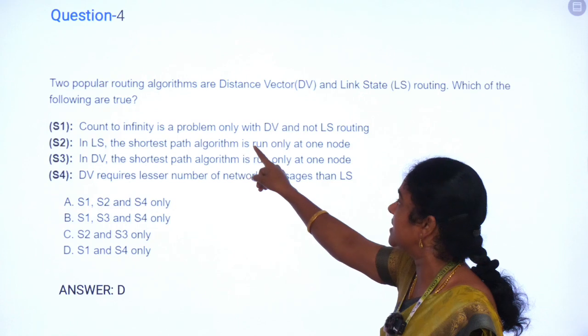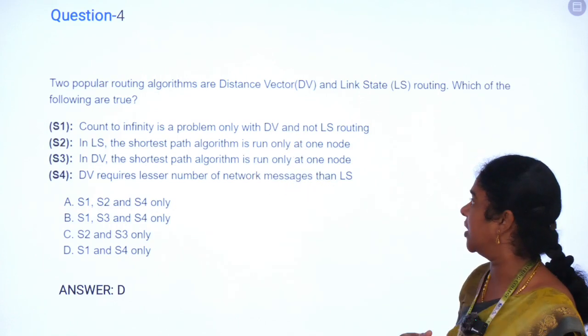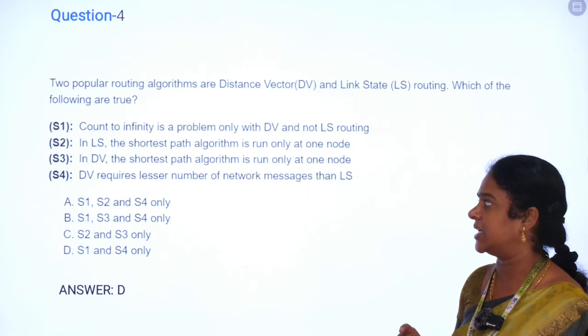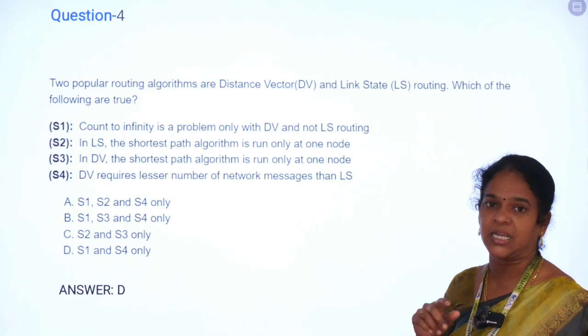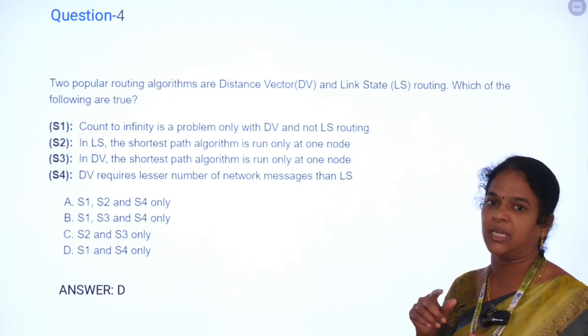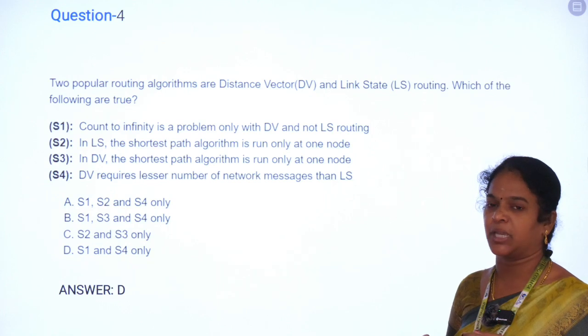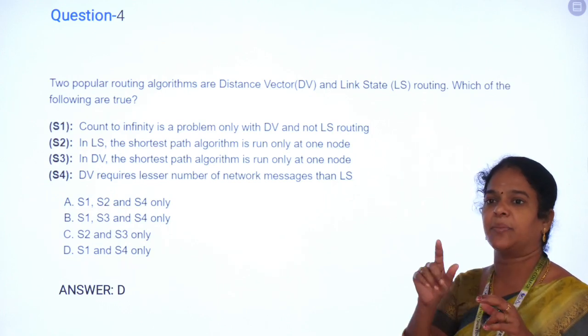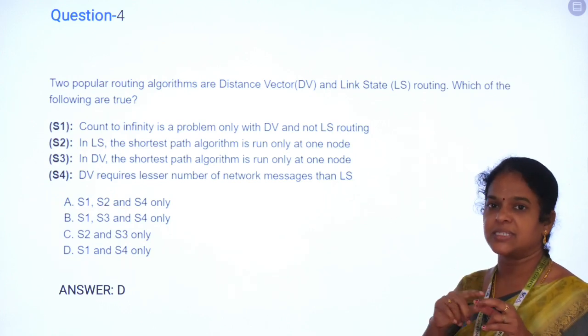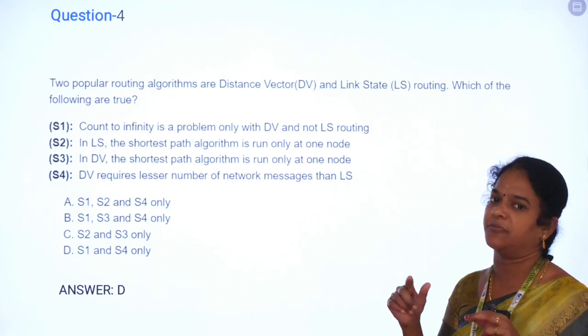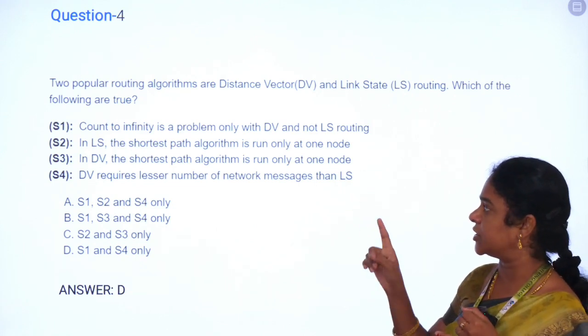Count to infinity is a problem only in the distance vector routing method, not the link state routing method. In link state routing we don't use infinity. Infinity is used only in distance vector routing. With neighboring nodes we know the cost, otherwise, if it's not a neighboring node, we use infinity. So the first statement is true.